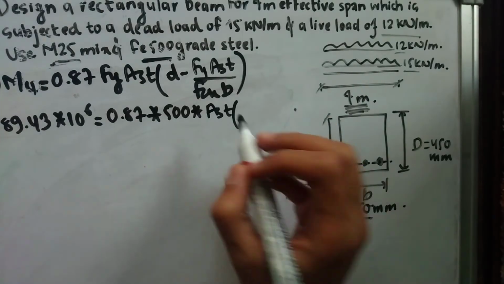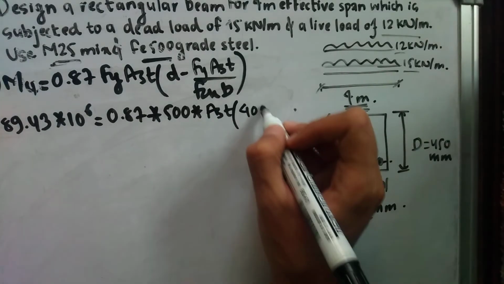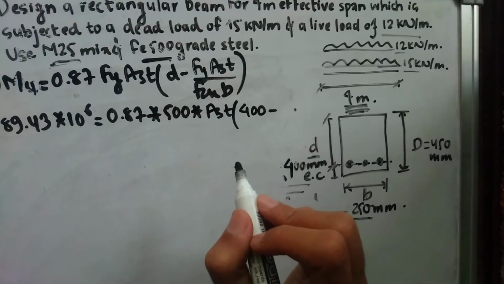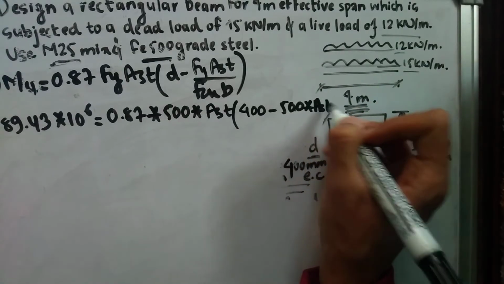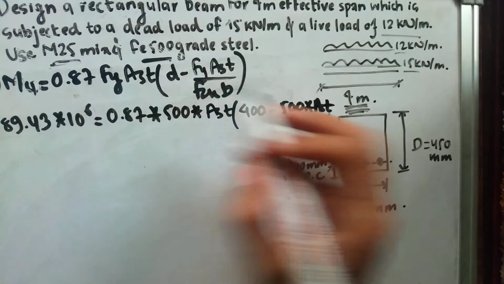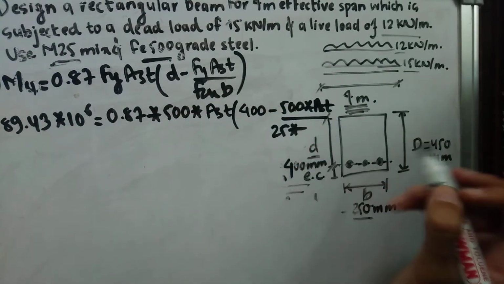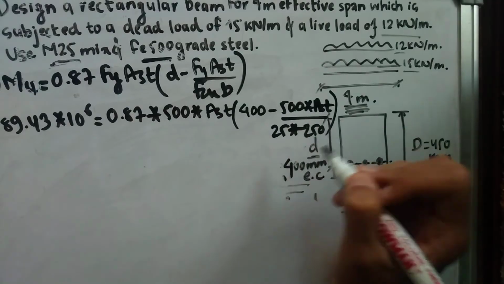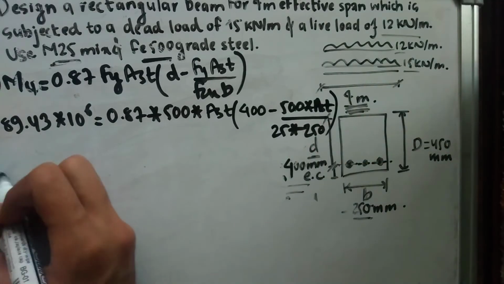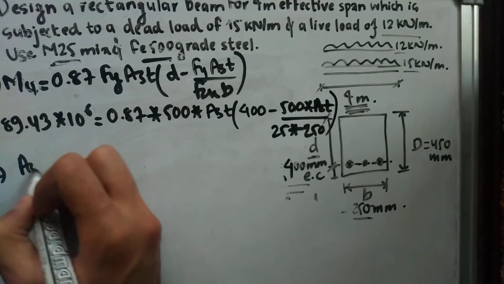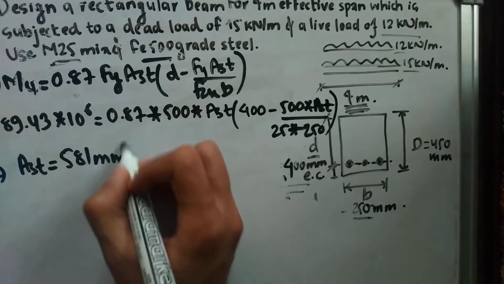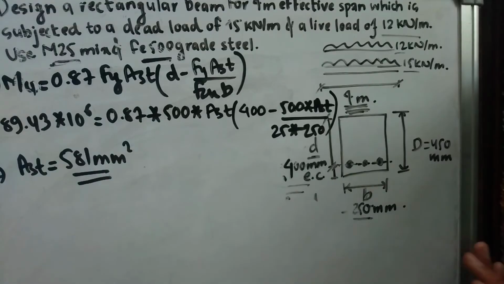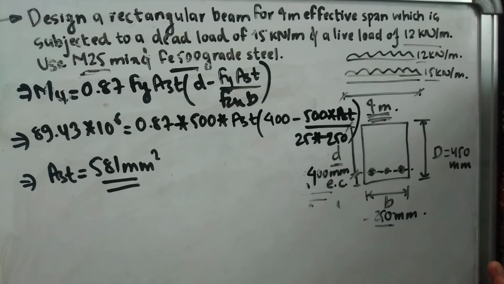I found my value of d as 400, minus fy, the value of fy is again 500, into Ast divided by fck, which is 25, into b, which is 250. On solving this, I get the value of Ast as 581 millimeter square. If we get two values of Ast, we should always use the minimum value.